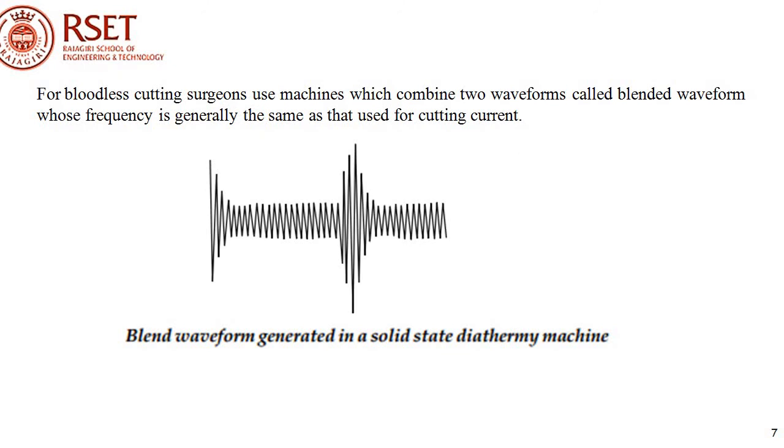The cutting current usually results in bleeding at the site of incision. Bloodless cutting is achieved by combining two waveforms called blend waveform, whose frequency is generally the same as that used for cutting current. The blend waveform is shown in the figure.